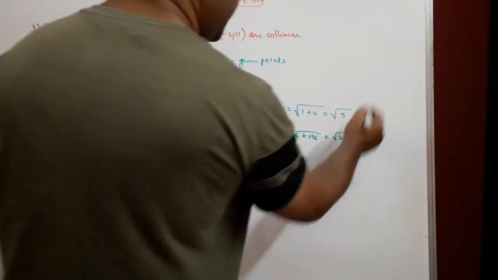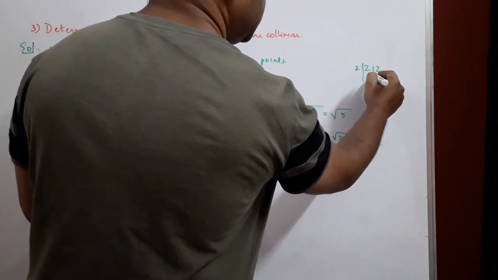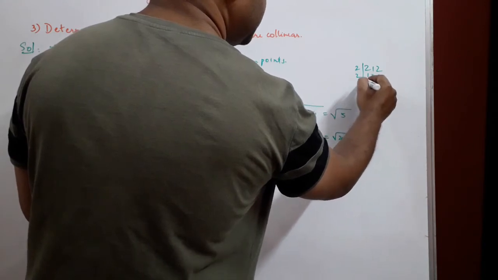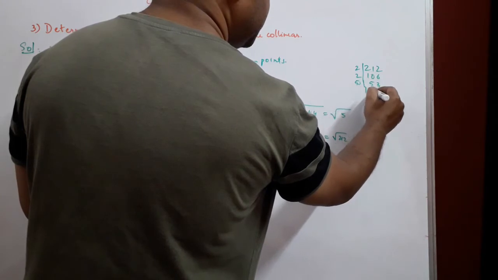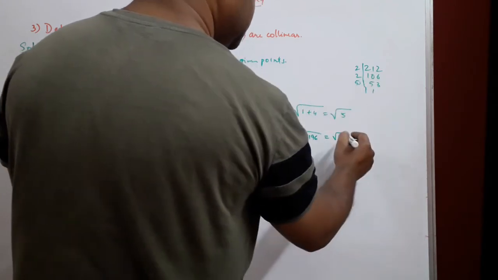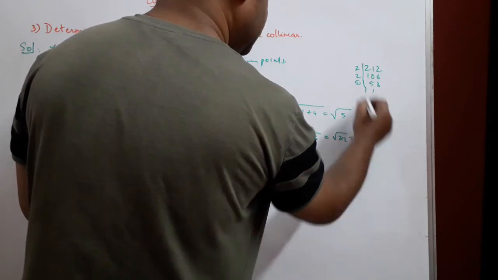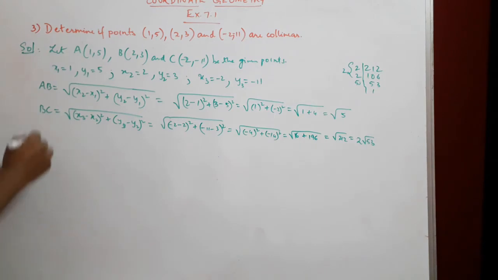If we go to factorize 212, let's see what we get. 2 1s are 2, 2 6s are 12, 2 5s are 10, 2 3s are 6, and we'll have 53 1s are 53. So this can be written as 2 square root of 53, because only one pair you get over here, 2.